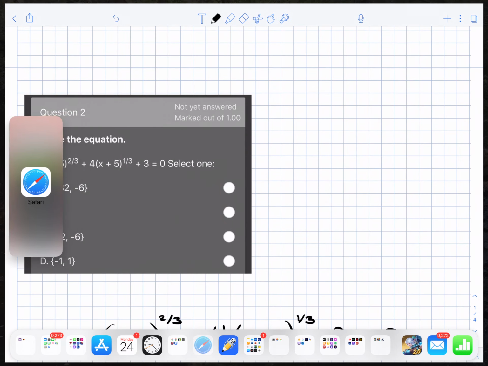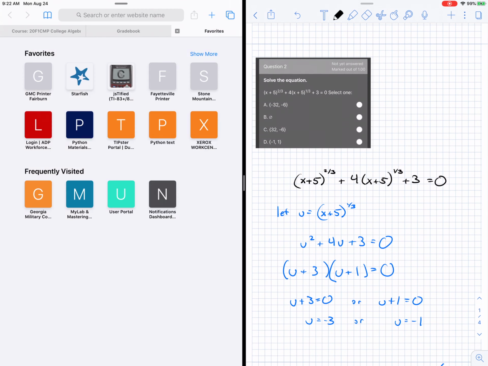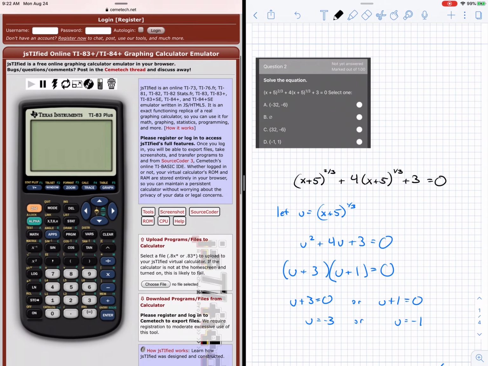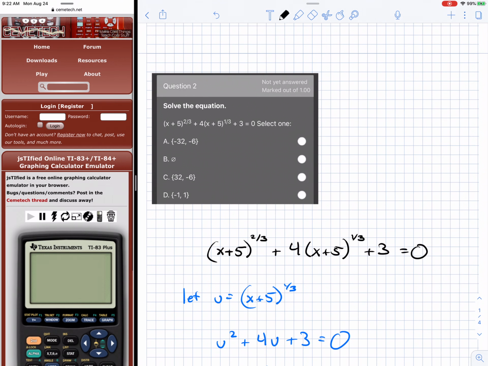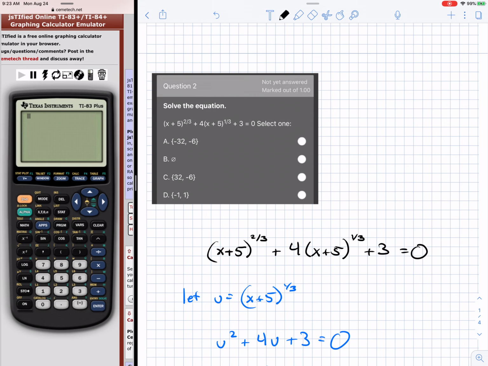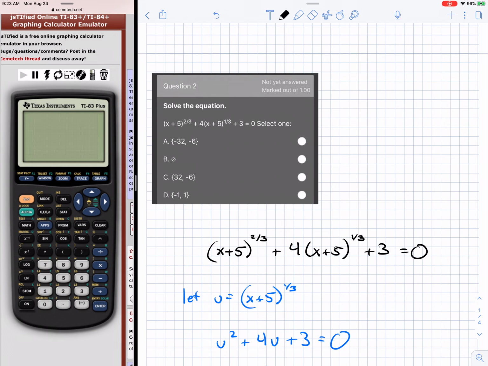Because we're remote, there are free calculation tools online, like Algebra calculators. There are a lot of things that do what I'm about to do. You just have to find something that works for you. In the upper left-hand corner, I'm going to hit y equals, and type in the original just as I see it.